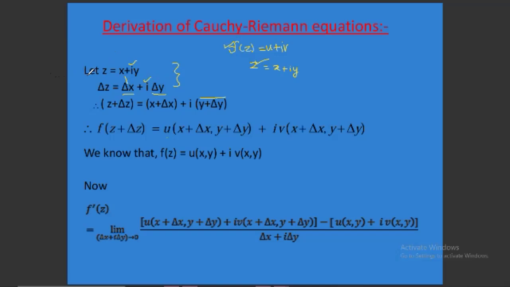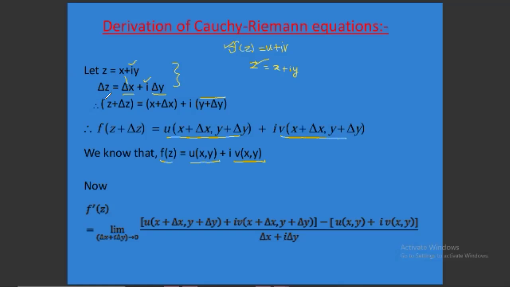We know that f of z is equal to u plus iv. Similarly, here f of z plus del z is equal to u of x plus del x comma y plus del y plus iv of x plus del x comma y plus del y.